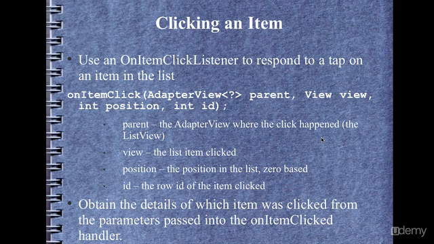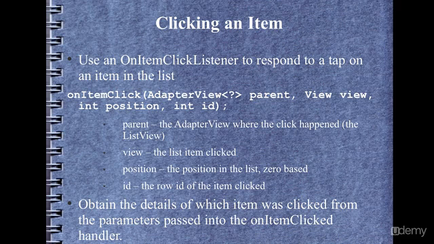So now, usually in a list view, we don't just present the information. We want to also be able to allow the user to click on an item and have something happen. So for this, we need to build an on-item click listener in our list view, and that's going to respond to a tap on a single item in the list. Now, this on-item click method that we override inside the listener is going to provide us with the parent, which is the adapter view that that list view is.